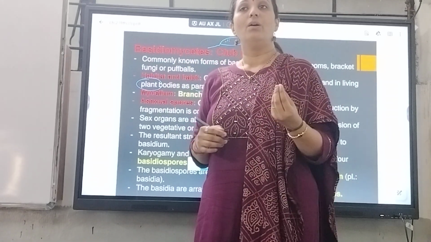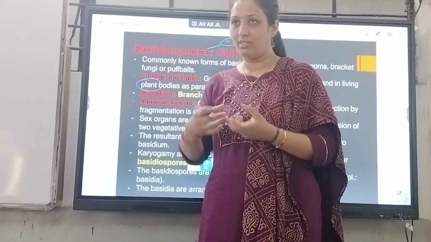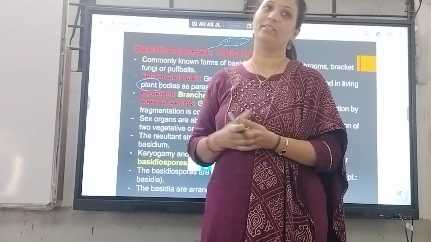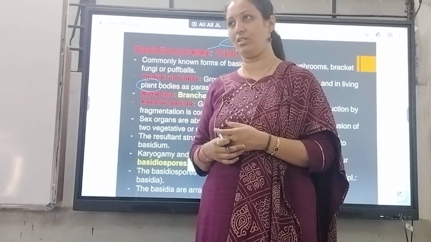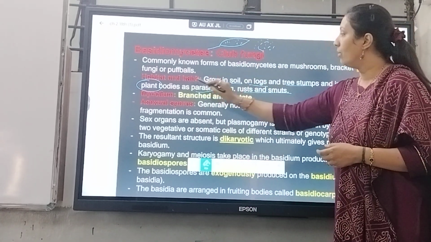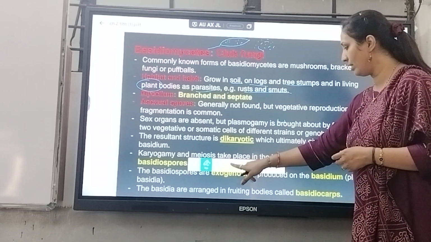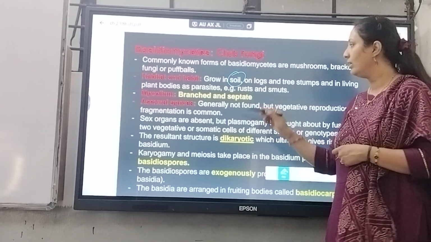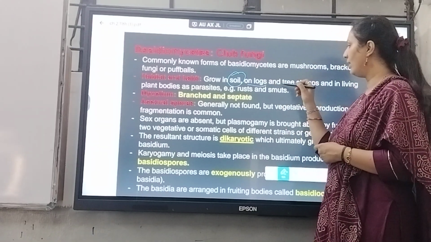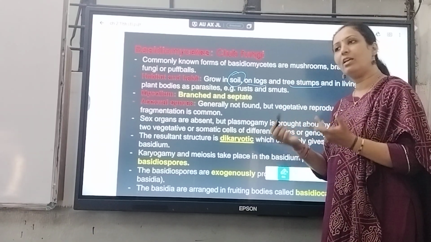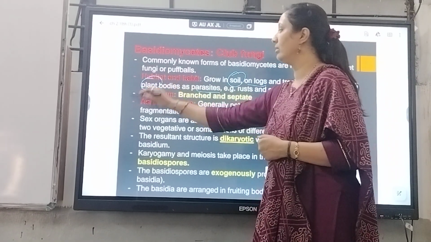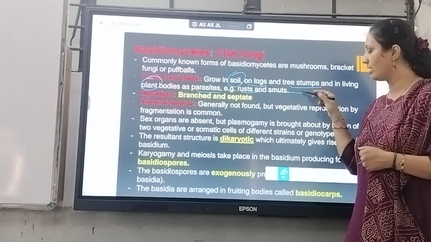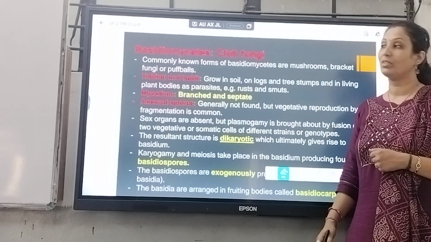By the rust and smut, a particular pattern develops due to the fungal infection in this plant. So habitat and habit. What is the habitat over here? That is grown in soil. Next, on logs, then tree stumps. It can live as a parasite on plant bodies. Example is rust and smut.